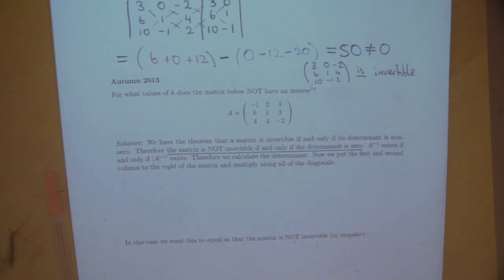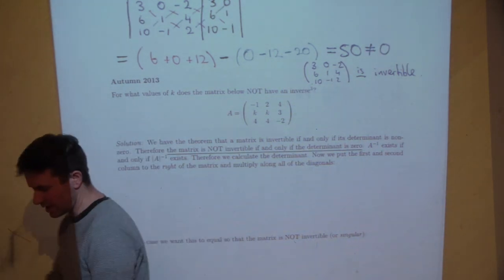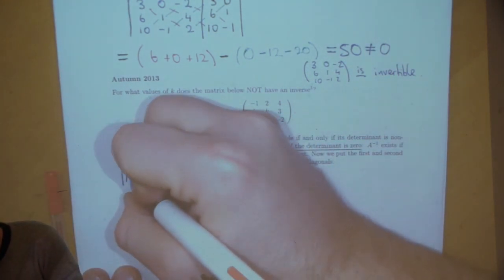We have the theorem that a matrix is invertible if and only if its determinant is non-zero. Therefore, the matrix is not invertible if and only if the determinant is 0. So we calculate the determinant. We can write this as A with the bars.